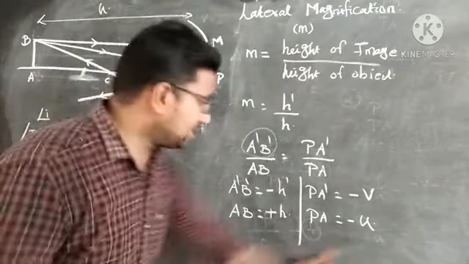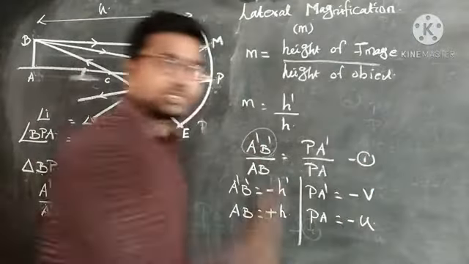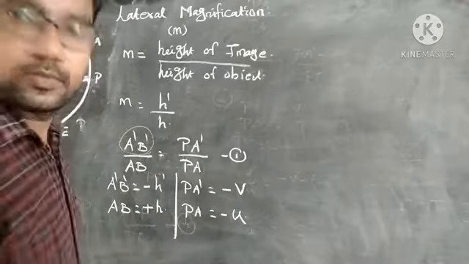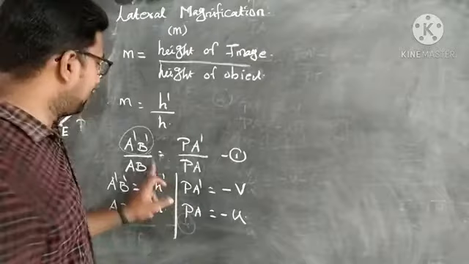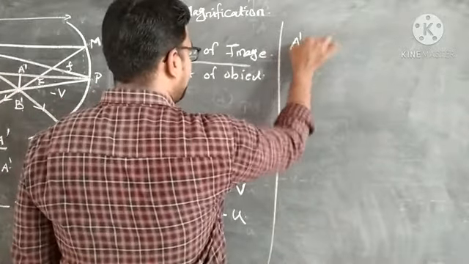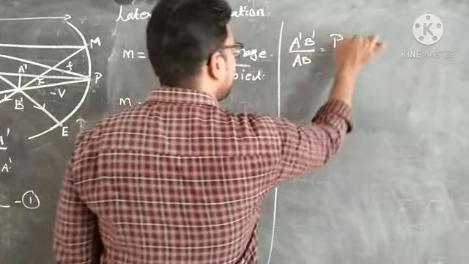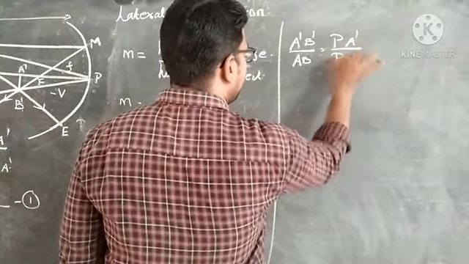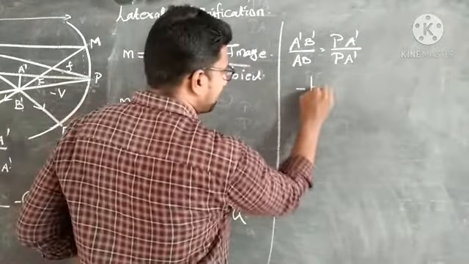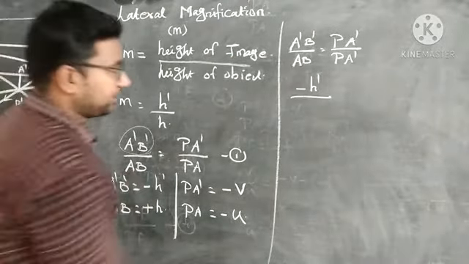By substituting these values in the first equation, we will get the simplified version of lateral magnification. A prime B prime divided by AB is equivalent to PA prime divided by PA. So A prime B prime is minus h prime, the height of the image, divided by AB, which is h, the height of the object.